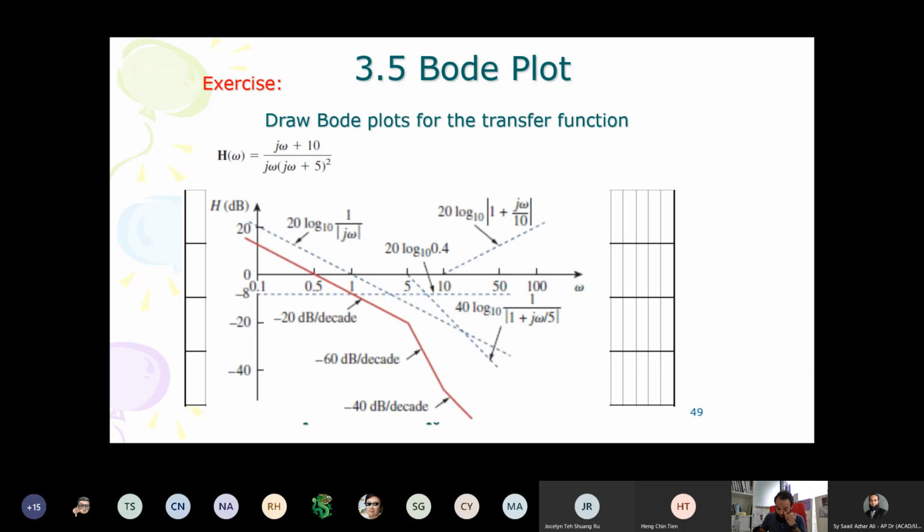You can see that initially it was going with a slope of minus 20 dB per decade until 5. At 5, we got a double pole, so it became minus 60 because minus 20 and minus 40 give minus 60, until 10. Then we got a simple 0 that made it minus 40 dB per decade.